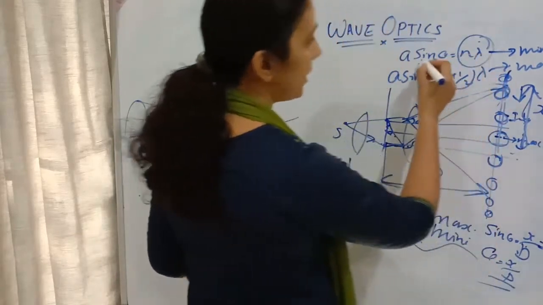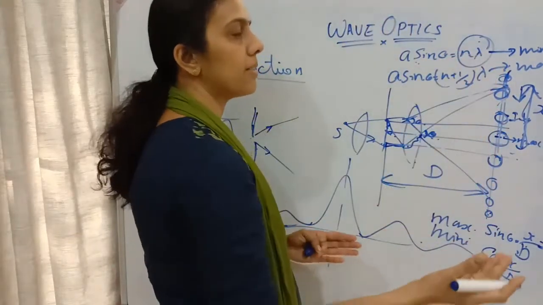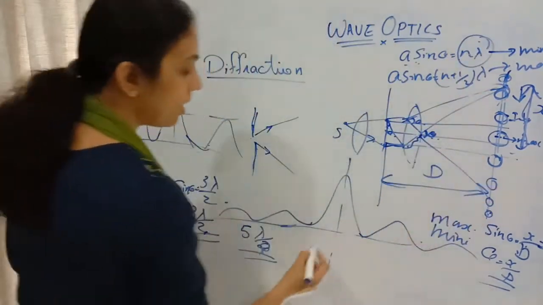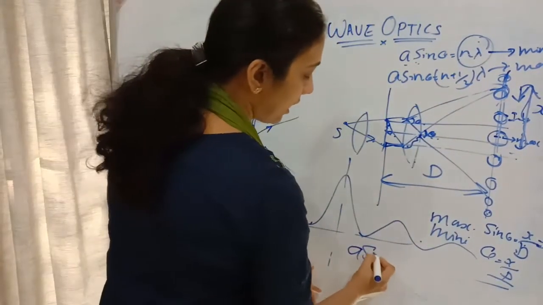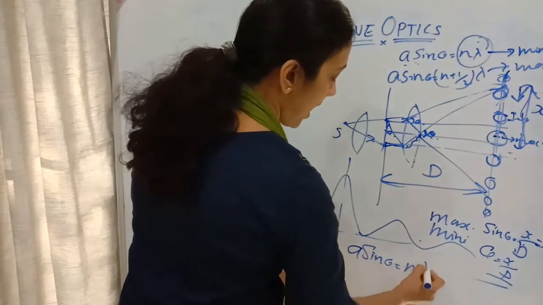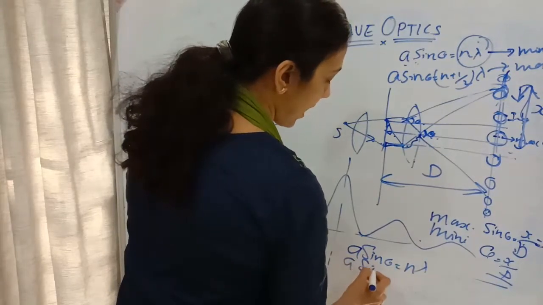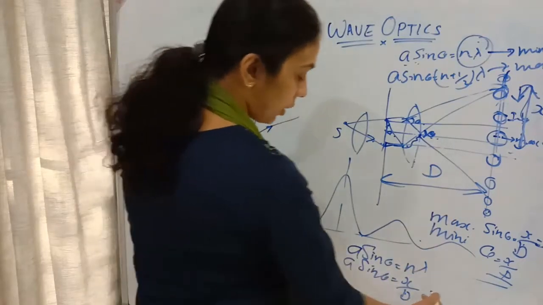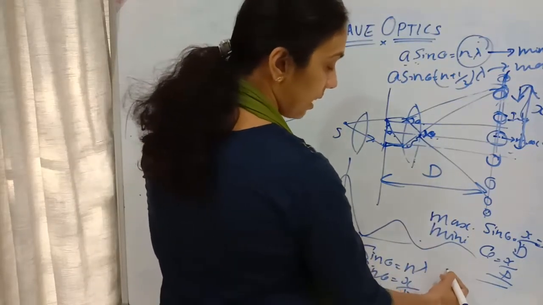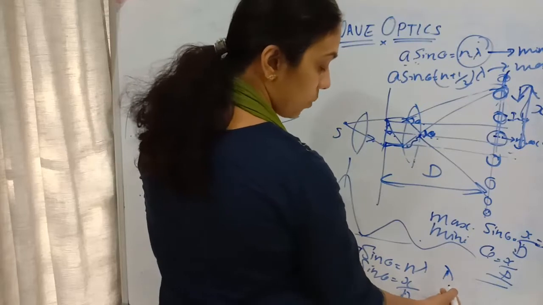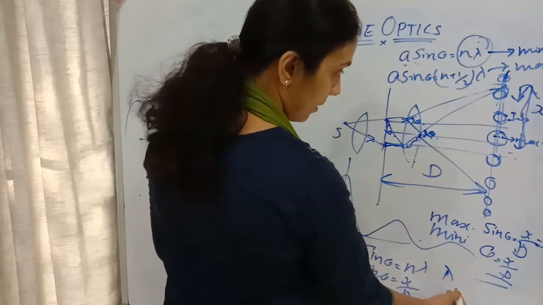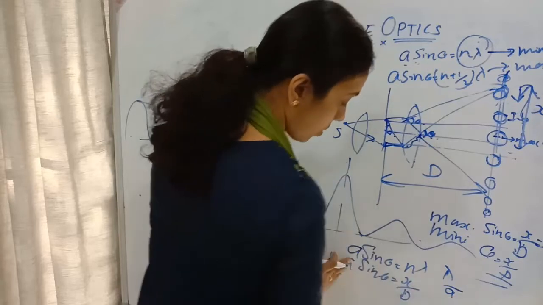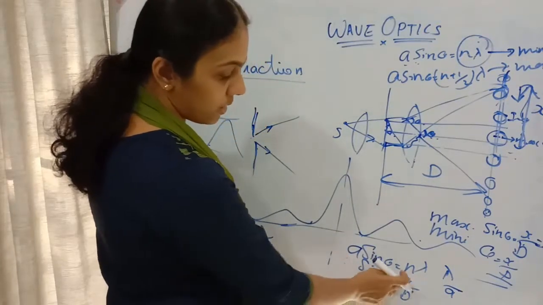For the position of minima, a sin theta equals n lambda, and sin theta equals x by D. So I can equate them.